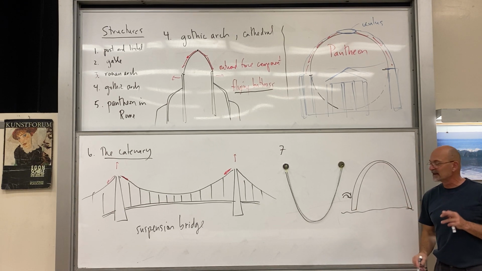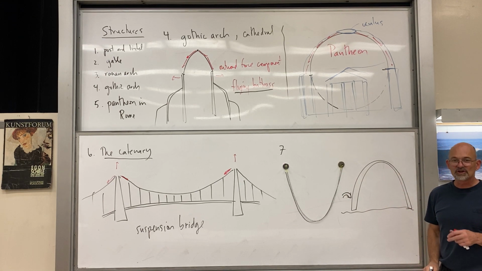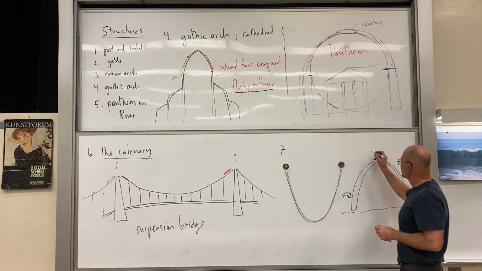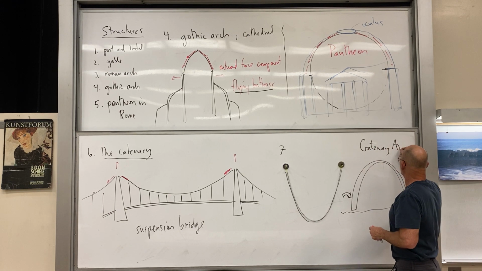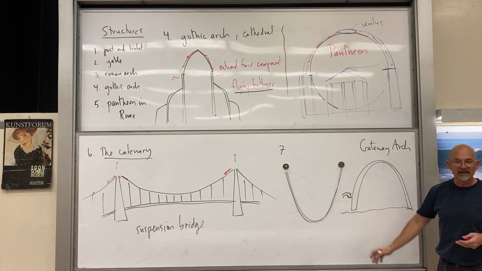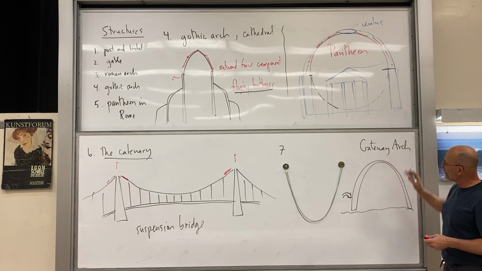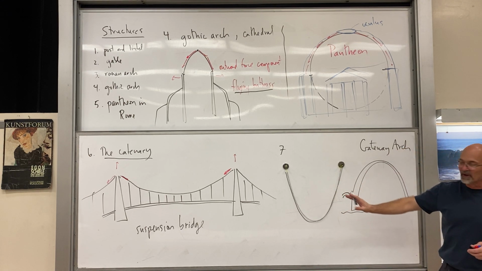If we do that, make the catenary solid and invert it, we have the Gateway Arch in St. Louis. You look that up, it's, I don't know, 700 feet tall, it's huge. Look up the Gateway Arch and get some pictures. It's just an inverted catenary, that's the principle of it.